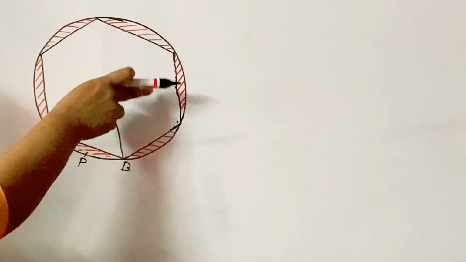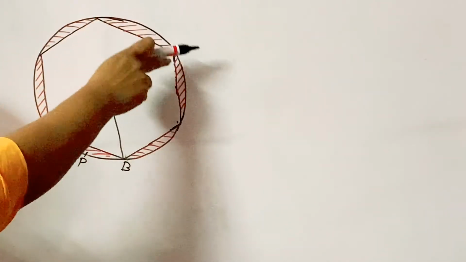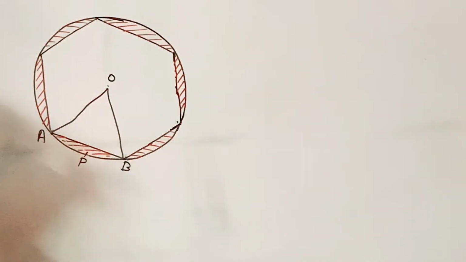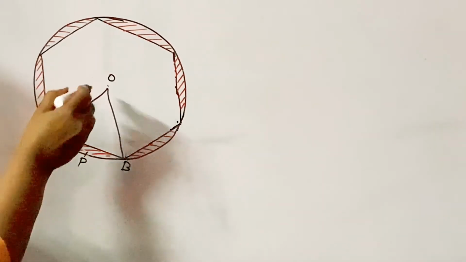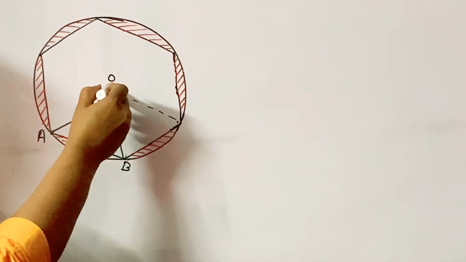This is a regular hexagon. All the designs have the same area. You can divide a regular hexagon into 6 equal triangles. Look here, we can make 6 equal triangles here.